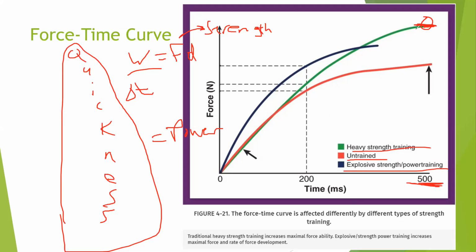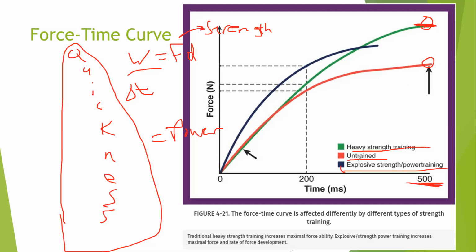It's not necessarily a bad thing, but it's not as useful as if I have power. If I'm untrained, I produce the least amount of force in the most amount of time, which again is unsurprising. If I'm not trained, then I'm not going to be able to produce much force, and I'm not going to be able to do it quickly.